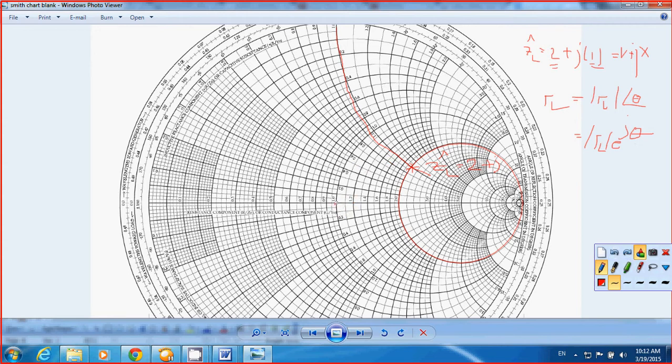This is the reference point. I call it the reference point, or the center of the Smith chart here. So what you have to do is draw a line here and then pass through the intercept point. It's not very good.